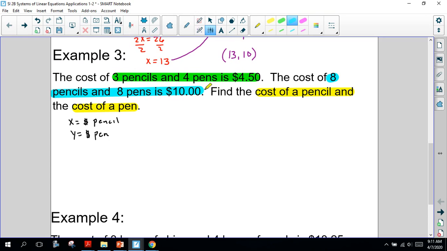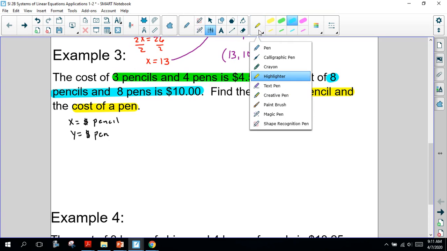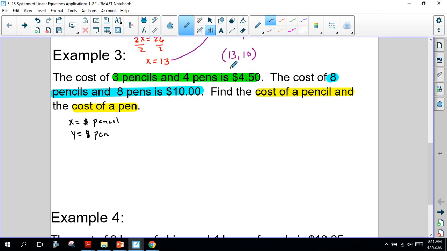So this is the scenario where each sentence is going to represent its own equation. Where it says "is $4.50," that means it equals $4.50. So the cost of the pencils and the cost of the pens is $4.50.